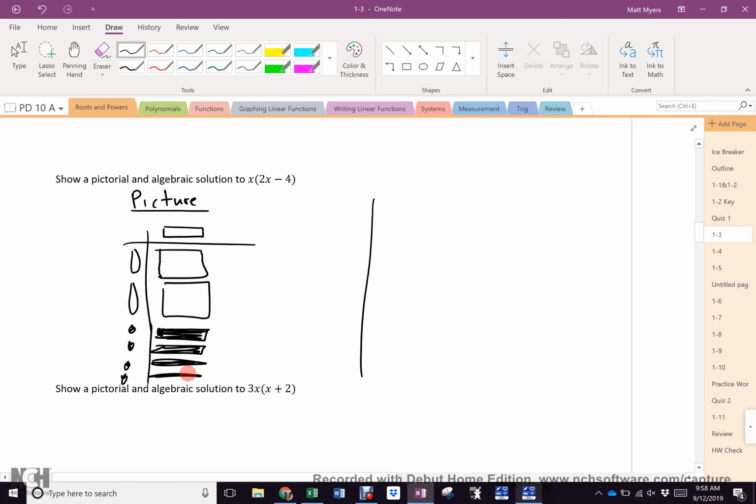And I get an answer of 2x squared and negative 4x. Right?